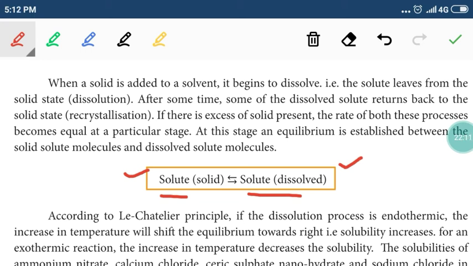Consider solution. In solution also there will be an equilibrium between the undissociated solute particles and the dissociated solute particles, between NaCl and Na+ and Cl- ions.